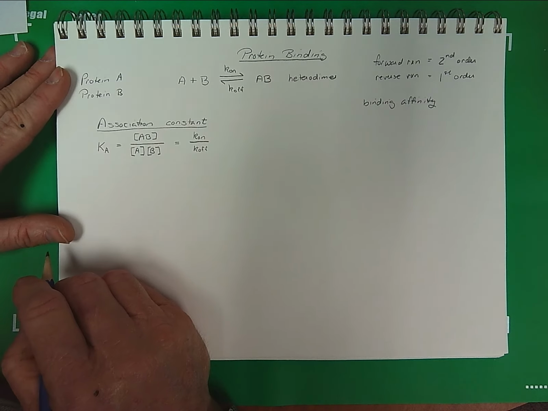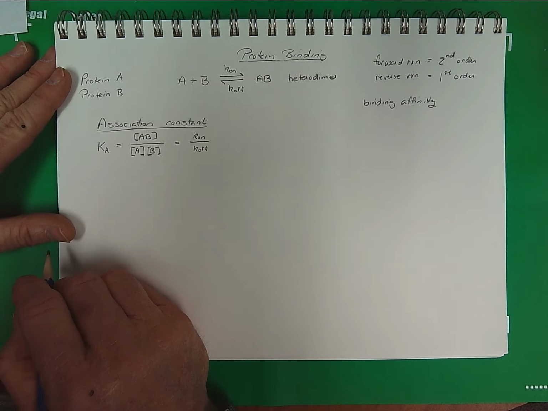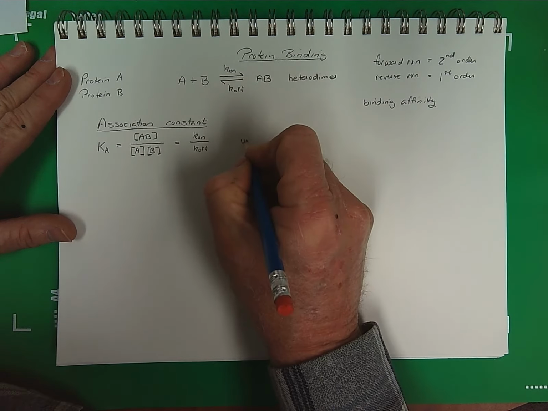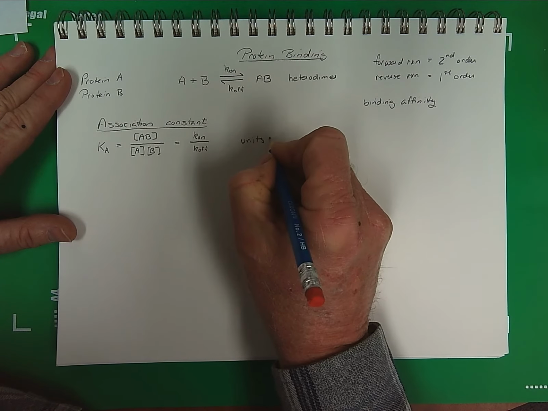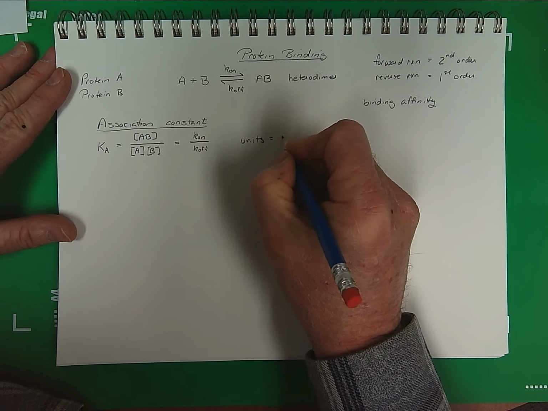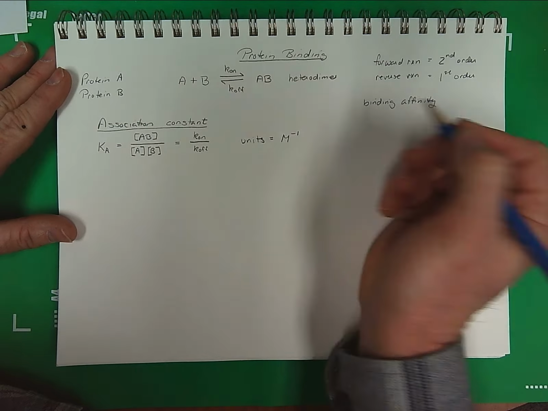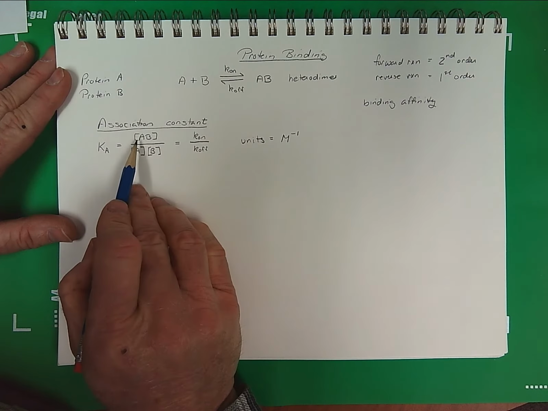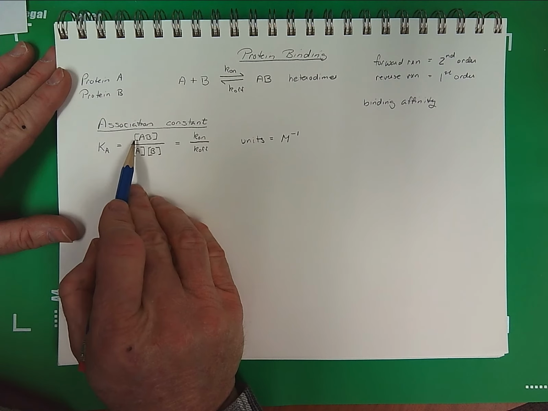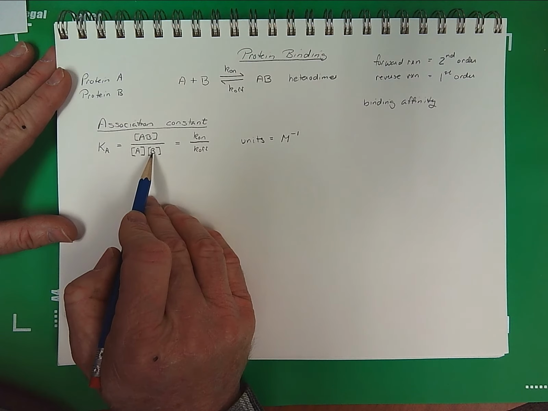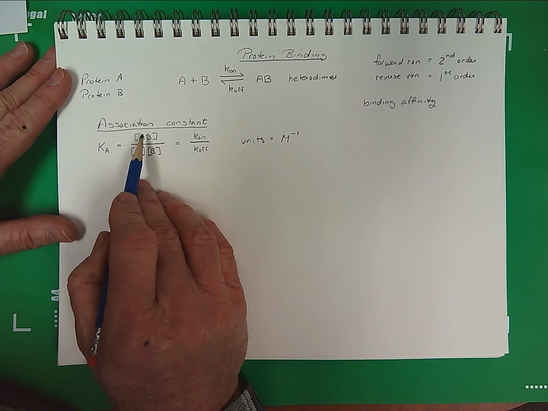Now the units of the association constant are going to equal the inverse molar. And this is because we have a concentration, molarity, in the numerator and two molarity concentrations in the denominator.